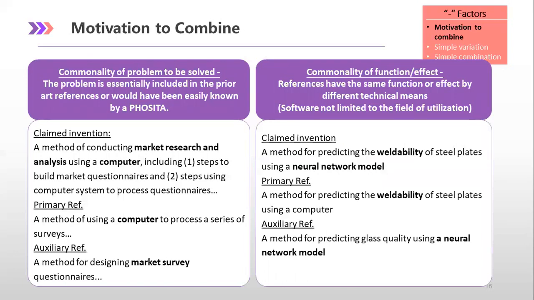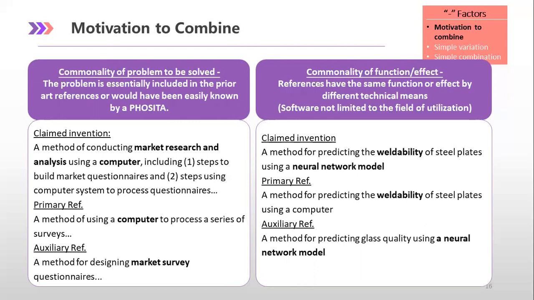It can be that the references have commonality of problem to be solved. In the first case, the claimed invention is a method of conducting market research analysis using a computer. And the primary reference is a method of using a computer to process a series of surveys. And the auxiliary reference is a method for designing a market survey questionnaire.